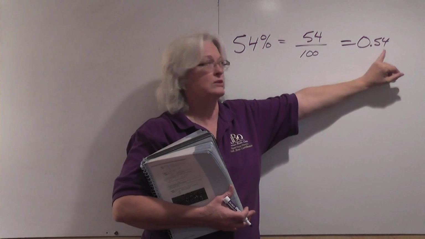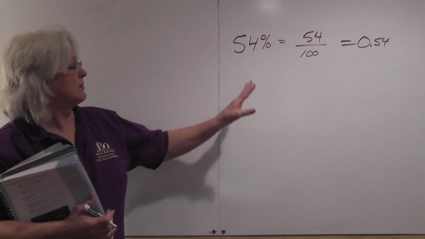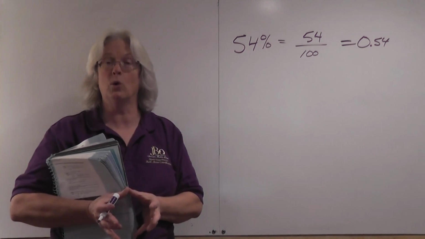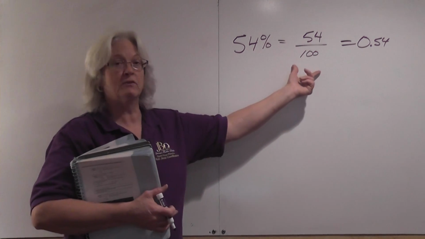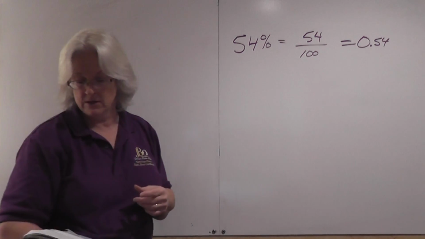We have tenths and hundredths, so this is 54 hundredths. So you see that there are 3 different ways that you can write the same quantity. You can express it as 54%, 54 over 100, or 54 hundredths.